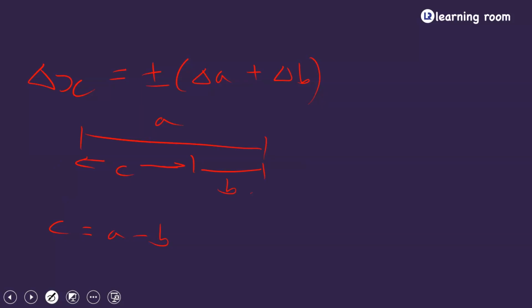Okay, this is our addition and subtraction. So for the previous problem, at first you represented the answer with the error value.